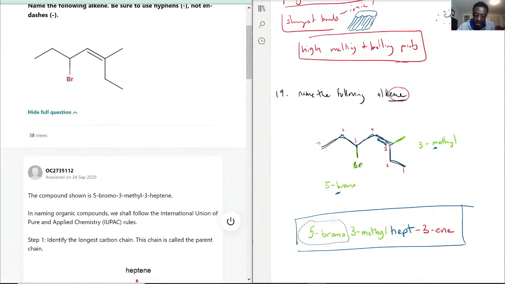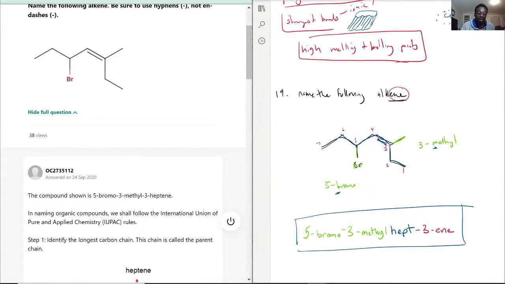I like the dash better rather than the comma, because usually the comma is used to separate numbers, like if they had a bromine also here, it'd be 5,6-dibromo. So that's where the comma will be used. I would keep that noted for future. So 5-bromo-3-methylheptene.